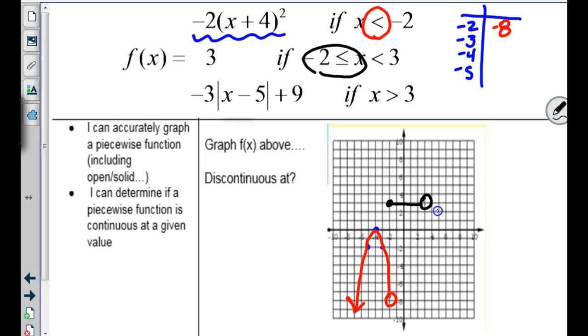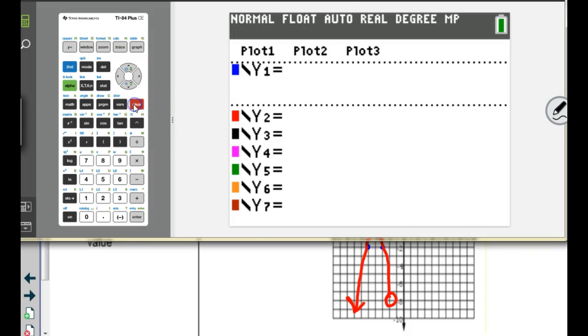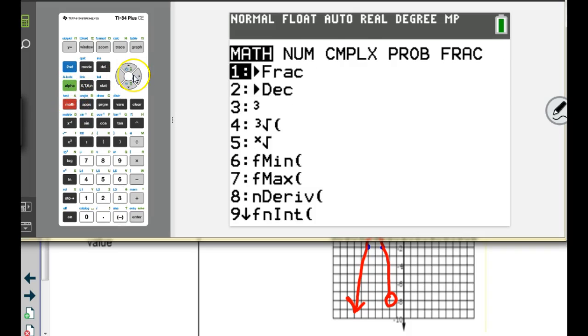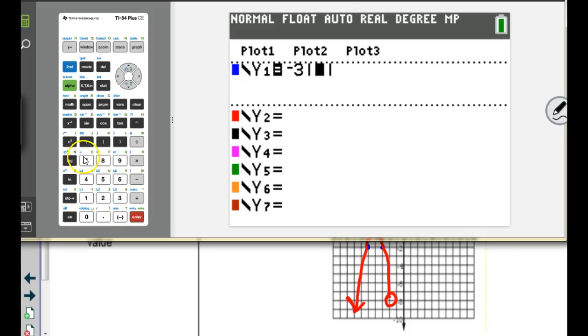Okay? Now, I'll do this on the calculator. Can someone read me that one? It's -3 times the absolute value of what's in x minus 5, and then on the outside was there something too? Plus 9. Okay.